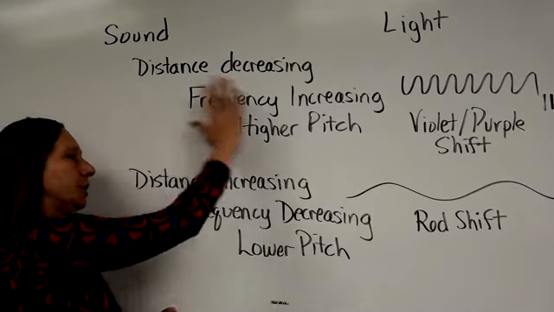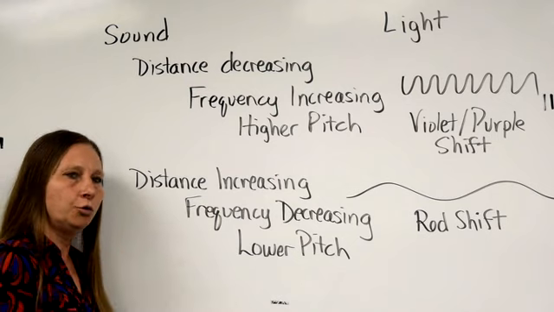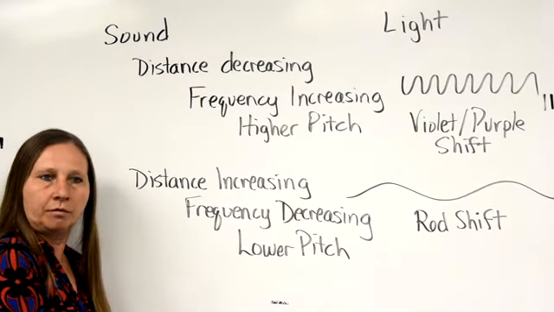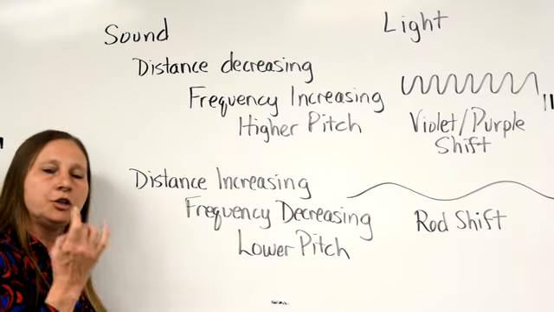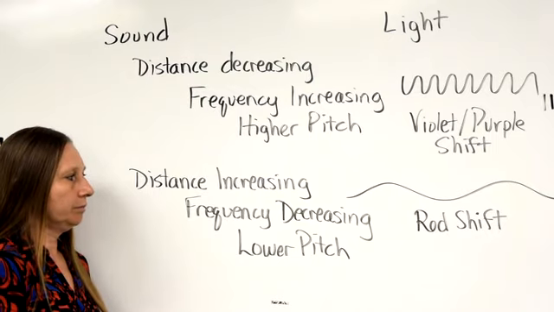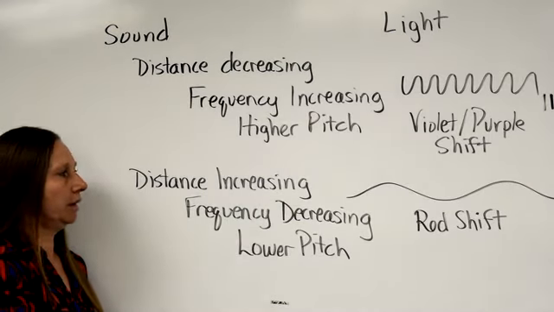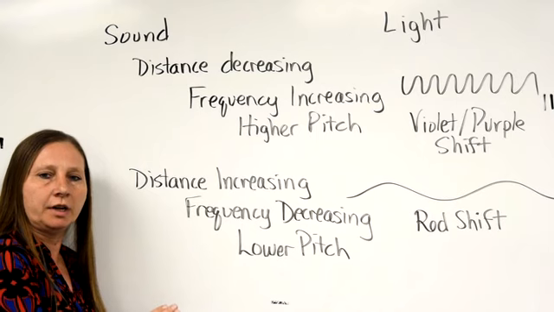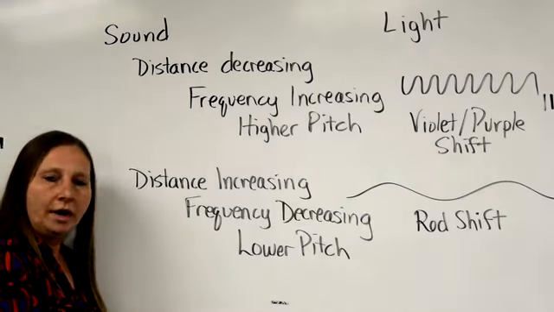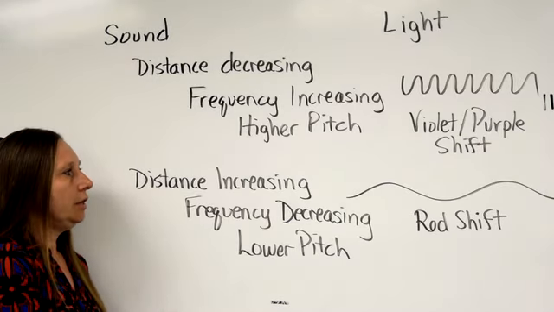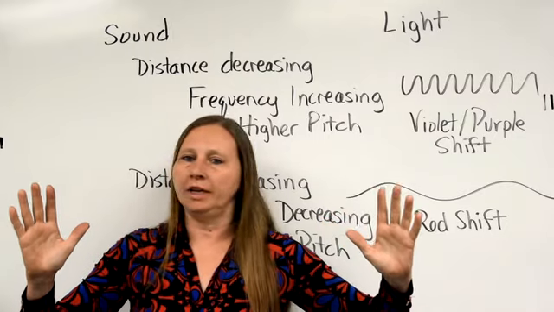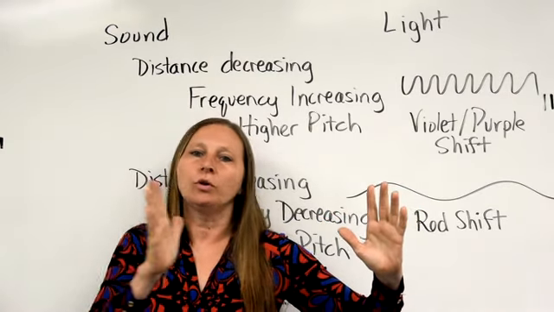Now, this entire discussion assumes that the object that's moving, whether it's the source or the observer, is moving at constant velocity. I don't want to get too complicated, so the object that's moving is moving at constant velocity. Now, what if one object is accelerating toward the other object?